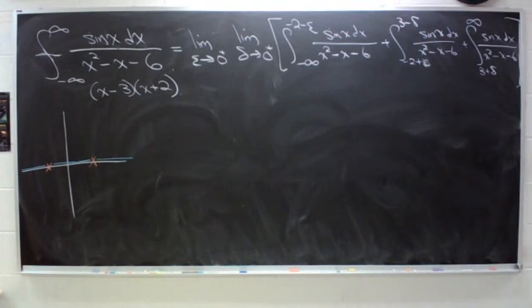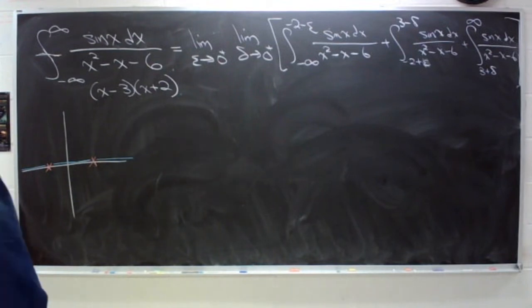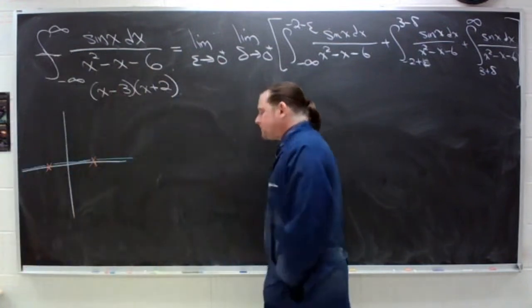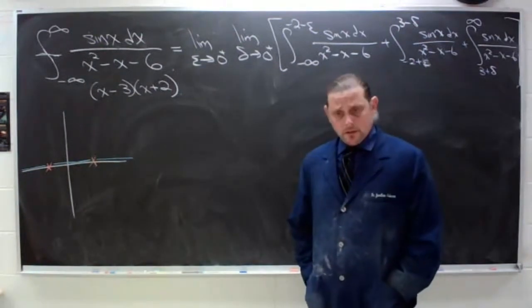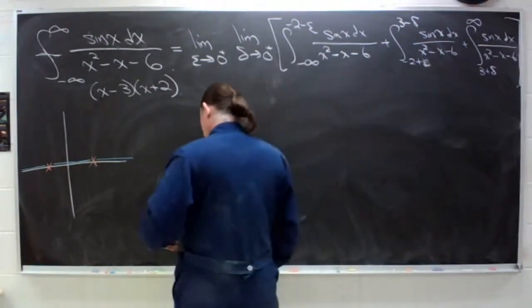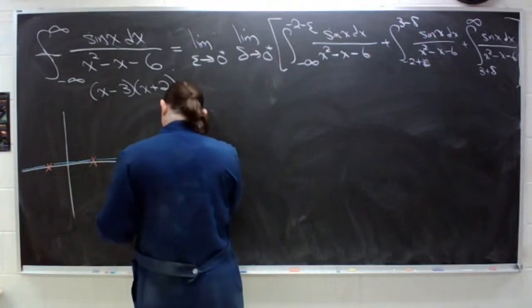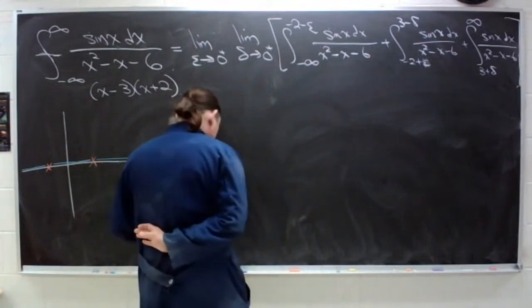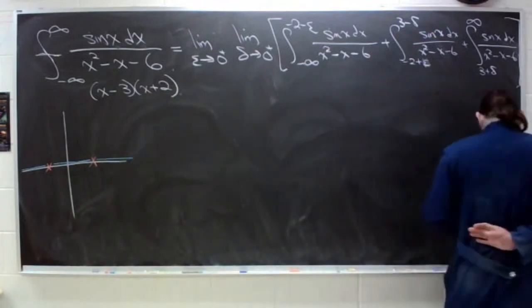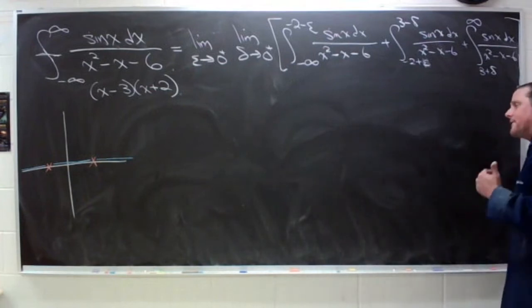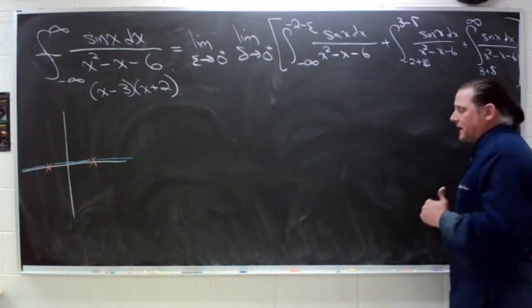All right? So the Cauchy principal value is indicating that we are to take these singularities symmetrically. You go symmetrically toward the singularity. Now, that is going to give us a well-defined value for this integral.